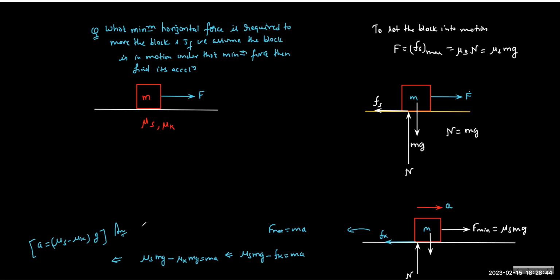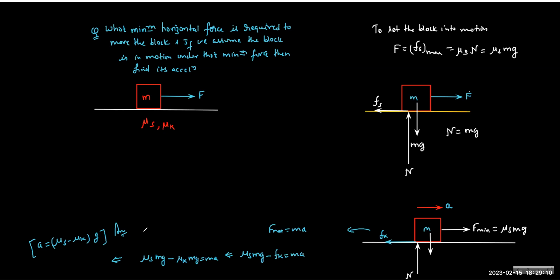So under the application of force, the force which could have moved the body, if with that force we set the body into motion, the friction will change its nature. It will go from static to kinetic, and now it will accelerate, because the force which you apply to move the body is bigger than the force it will experience during the motion.